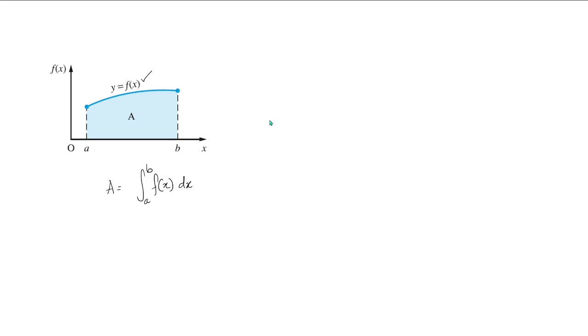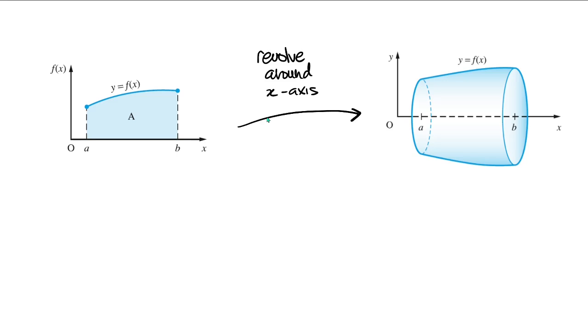But let's look at another application where we can revolve this area about the x-axis. Here we will have what we call a solid, because it is basically just this area revolved around the x-axis.